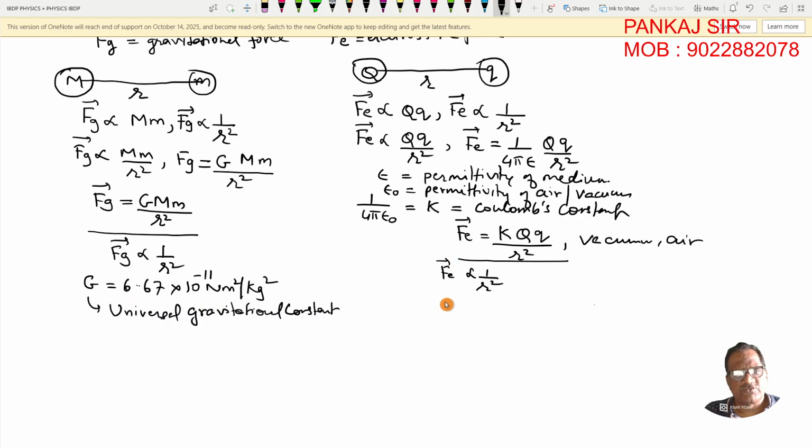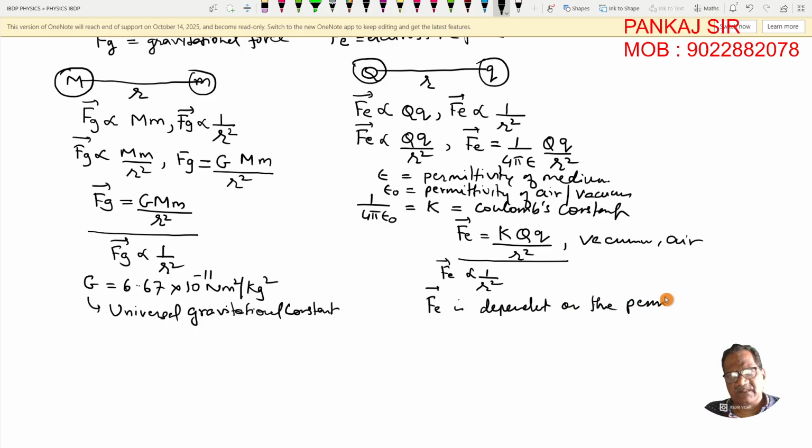Now the same is not true over here. For electrostatic force, the value of this constant will keep on changing, because if you go from one medium to another medium, the electrostatic force will not be the same. So here your force is dependent on the permittivity of the medium.